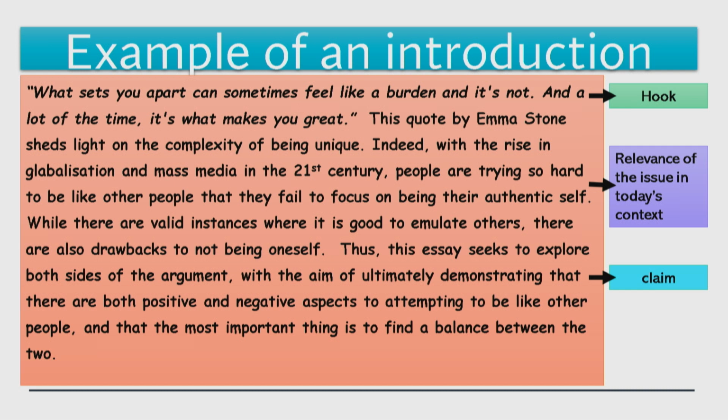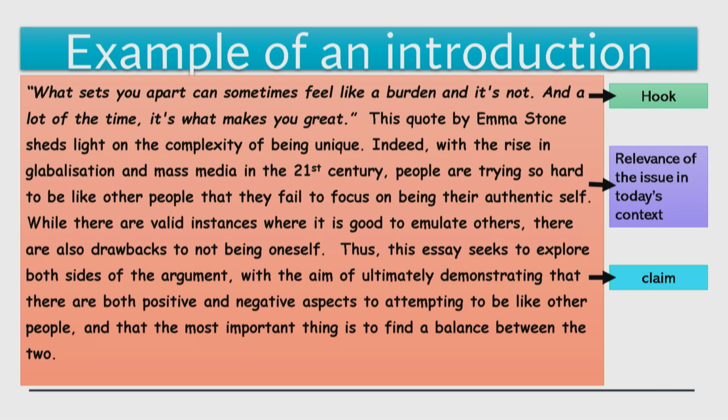Indeed, with the rise in globalization and mass media in the 21st century, people are trying so hard to be like other people, but they fail to focus on being their authentic self. While there are valid instances where it is good to emulate others, there are also drawbacks to not being oneself. This part elaborates on the relevance of the issue in today's context.